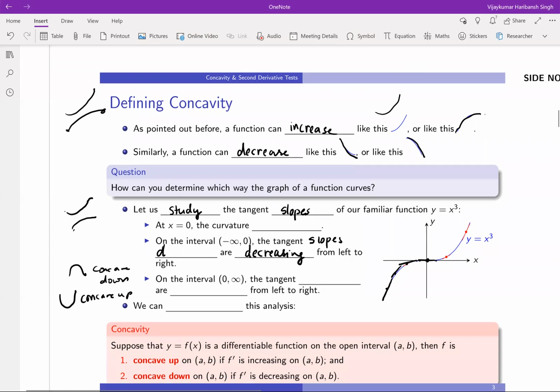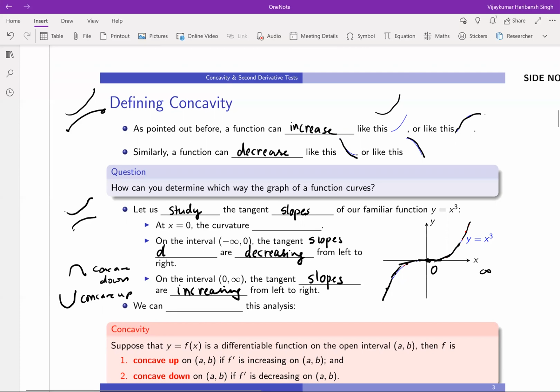Now consider 0 to infinity, this shape here. Here the tangent slope was 0, and then as you see, the slope of the lines is increasing. So on 0 to infinity, the tangent slopes are increasing from left to right.